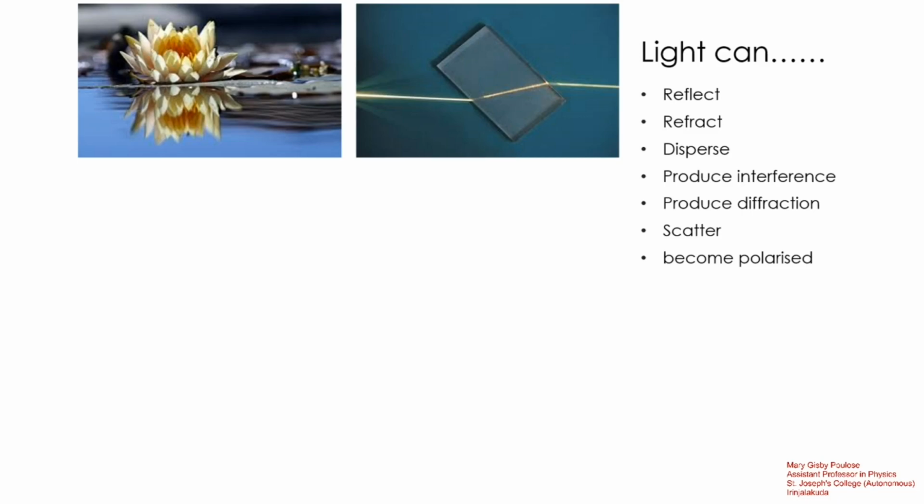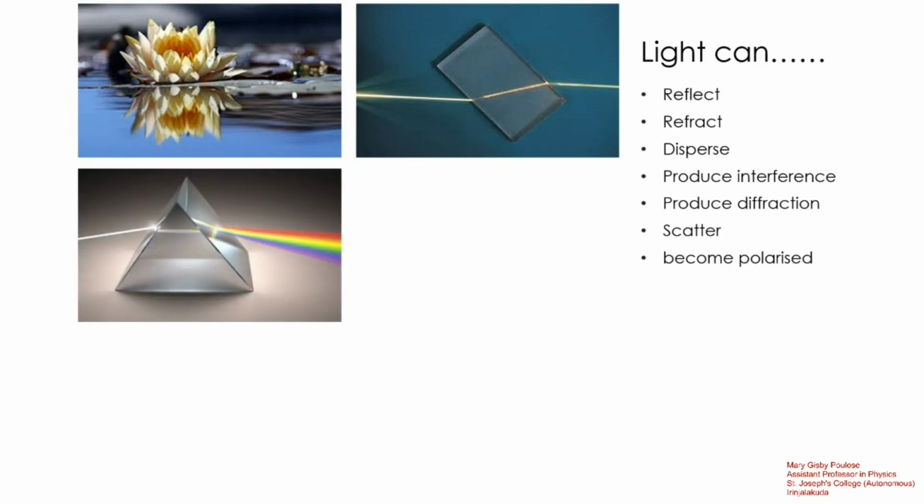So when it travels from one medium to another medium, it will bend. Light can disperse, that is, it can separate into its component wavelengths. Here, when white light is passed through a prism, it will separate into its component VIBGYOR colors. So depending upon the source, we get the corresponding spectrum.